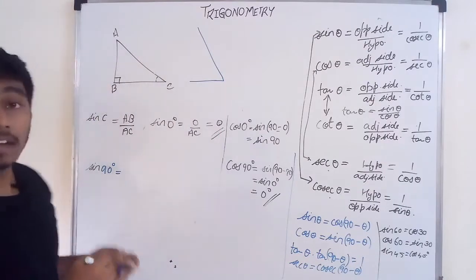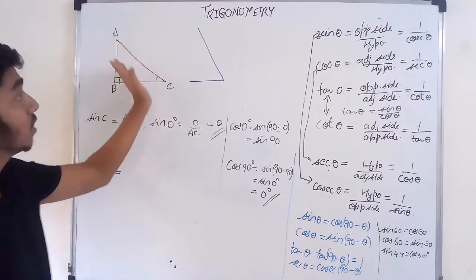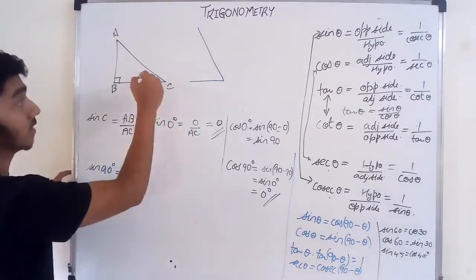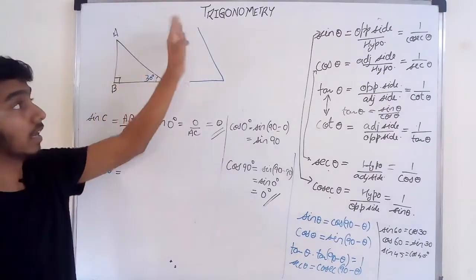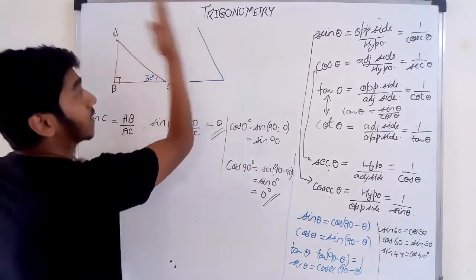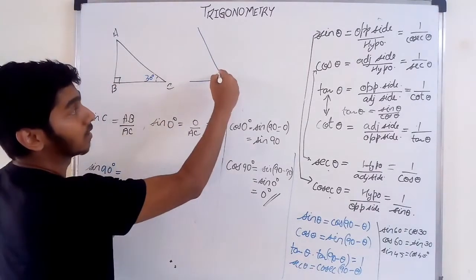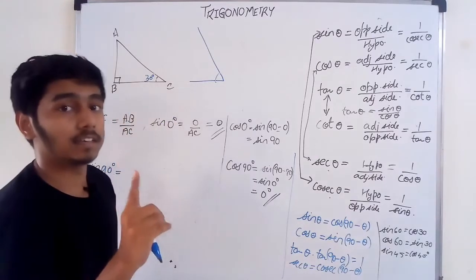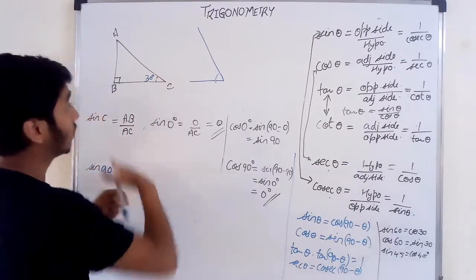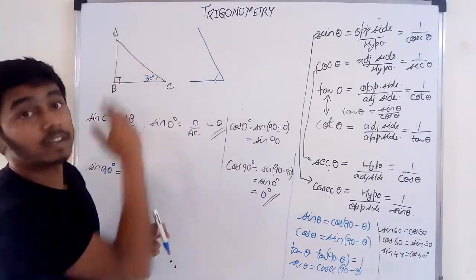If you keep this and you extend this, let's say this is 30 degree, if you take this hand like this, a little, this angle will increase. We want to make C as 90 degree, so remember what we are doing, we are shifting this arm little by little.